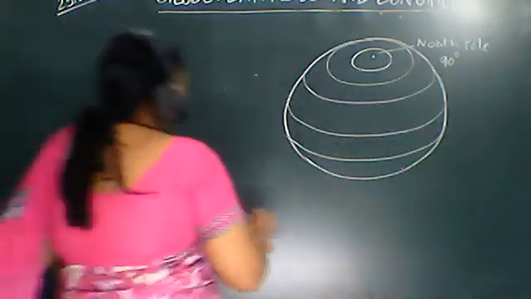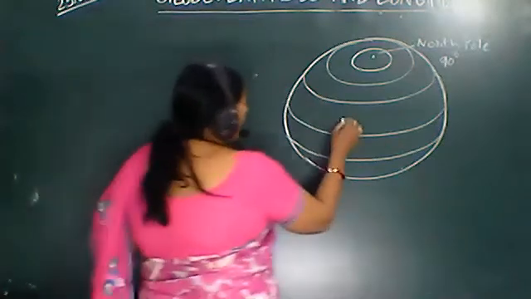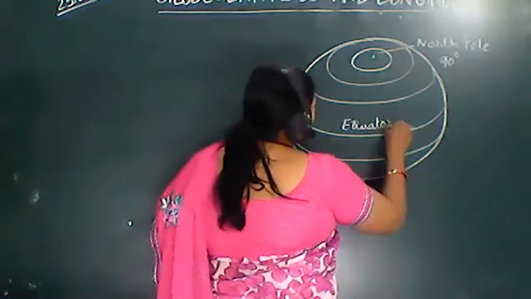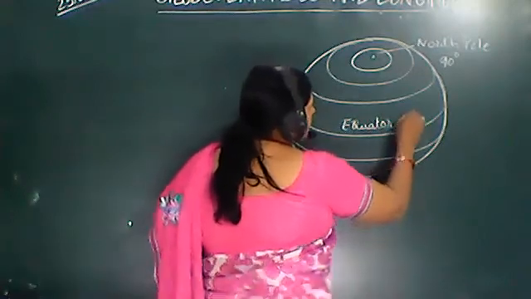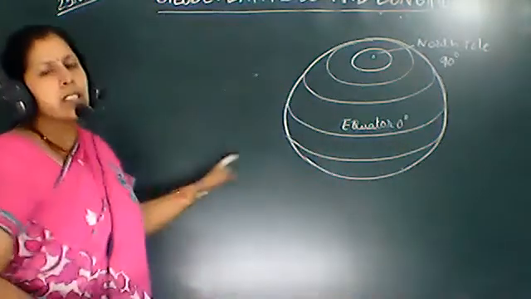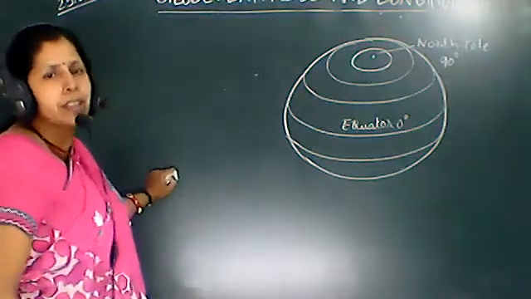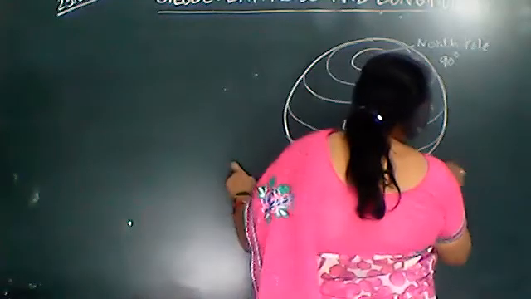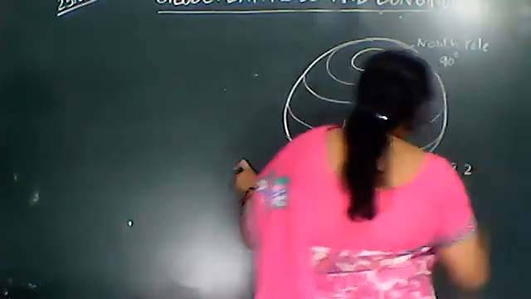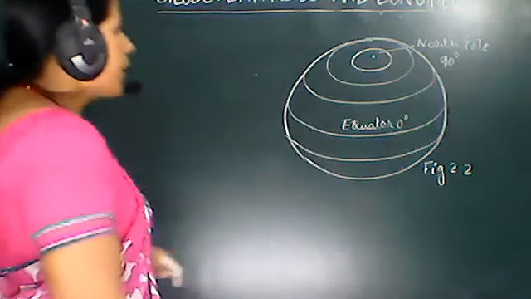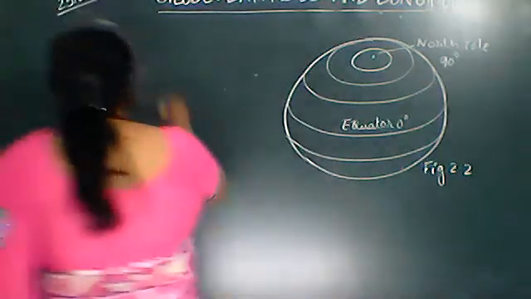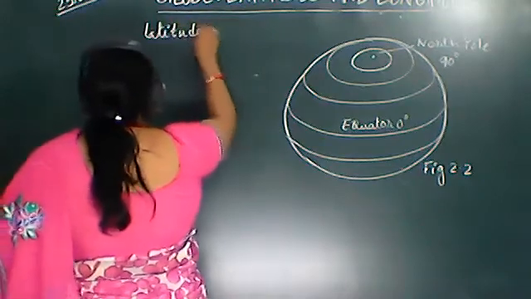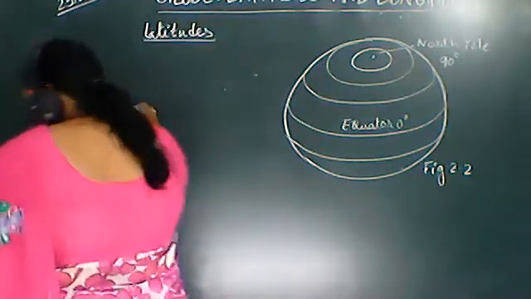Somewhere in between you have the equator, which is always 0 degree. So what are these? These are imaginary lines. This is there in your book, figure 2.2. If you have a look at figure 2.2, you will see what are latitudes.